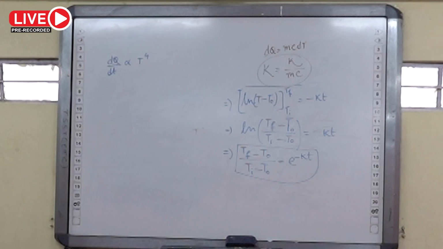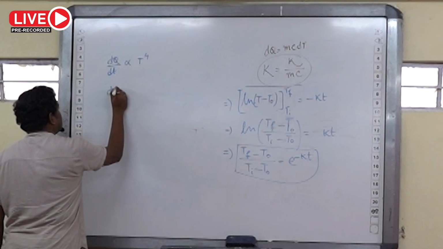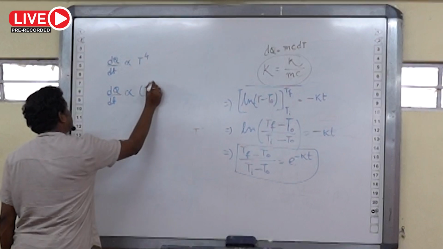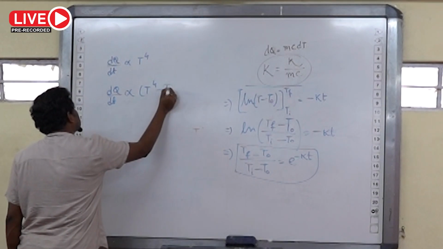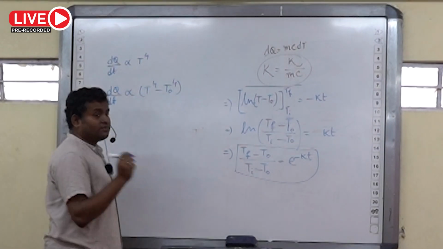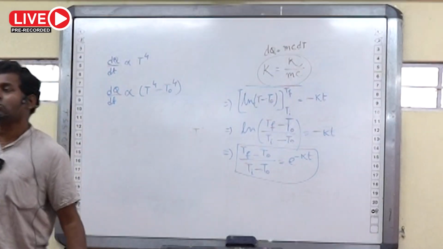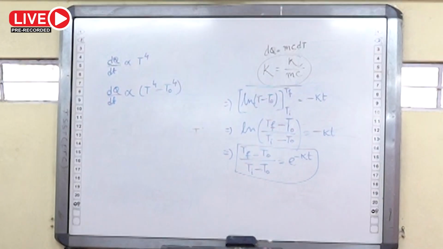Now there is a Boltzmann correction of the law, which is named the Stefan-Boltzmann law. Then it will be dQ/dt proportional to T to the power 4 minus T naught to the power 4. Because Stefan's law initially predicts the correct result, but irrespective of the surrounding temperature.